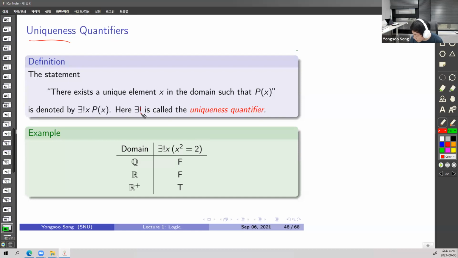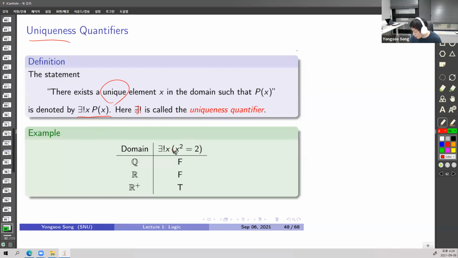We just add an exclamation mark here to denote the uniqueness. So when we use this symbol, we state that there exists a unique element x in the domain such that p of x is true. We denote it like this.